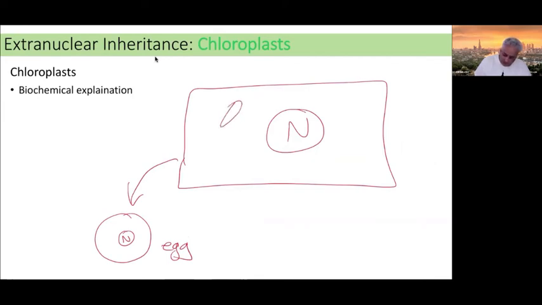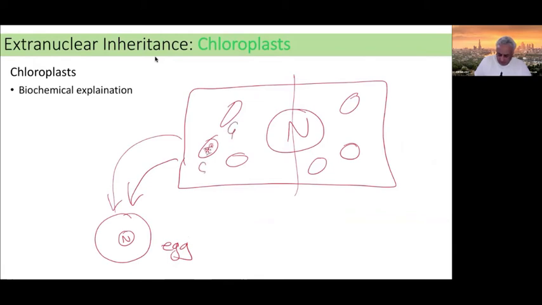Then it depends on what's inside and how they get segregated when the cell divides to form this particular cell. If all the chloroplasts on this side are green, then the egg will have nothing but green. But if you have also white, then the egg will also be white. So it'll have both types. So you can either be all green in the egg, you can be all white, or you can be mixed.